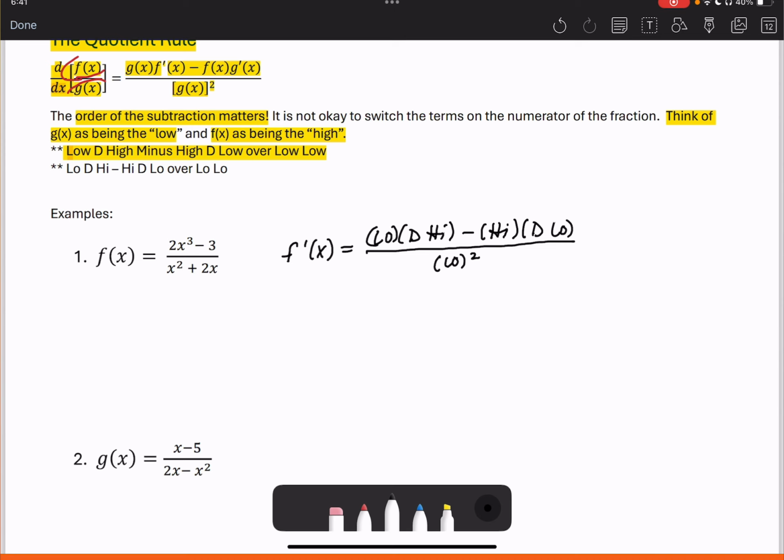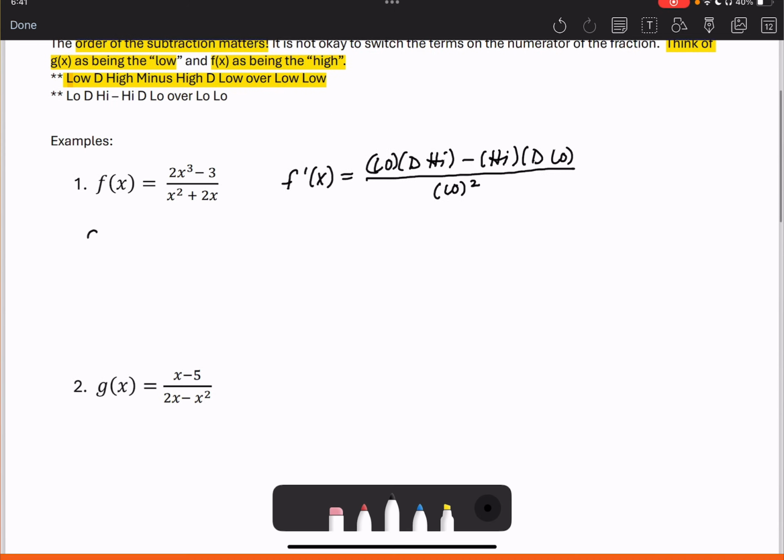So let's just fill this in here. So we've got f prime of x is low, so I'm just going to take that x squared plus 2x, that's the g of x on the bottom, or the bottom function, times the derivative of the high, so that's the derivative of the top. 2 is a constant multiple times the derivative of x cubed, which is 3x squared. And then the 3 is a constant, derivative of that is 0.